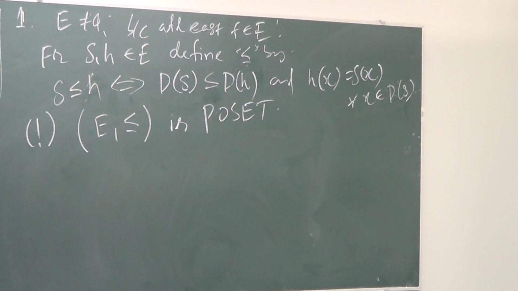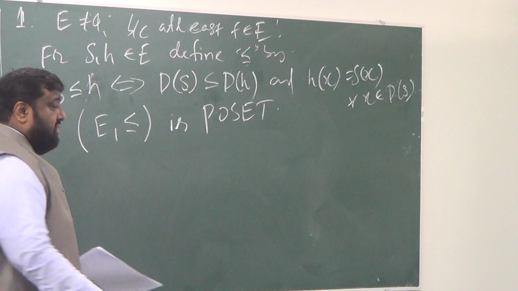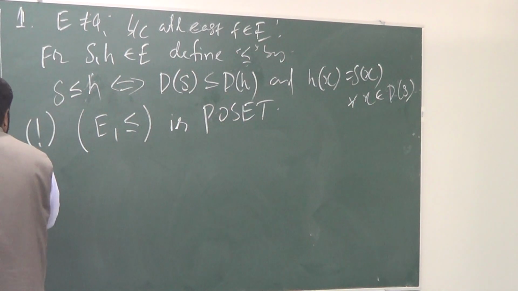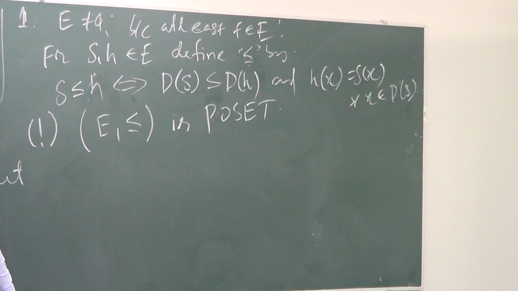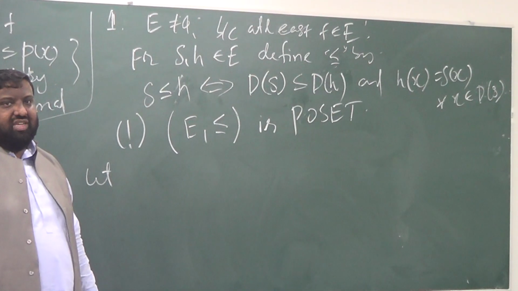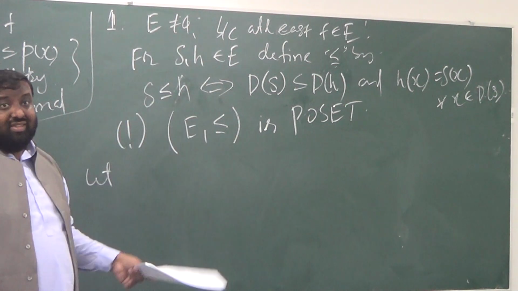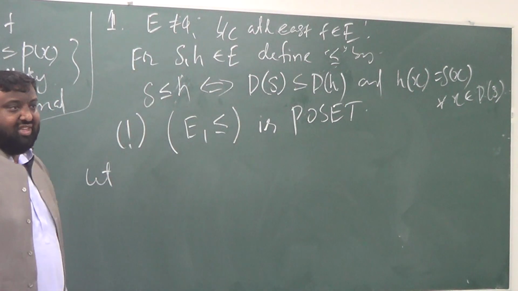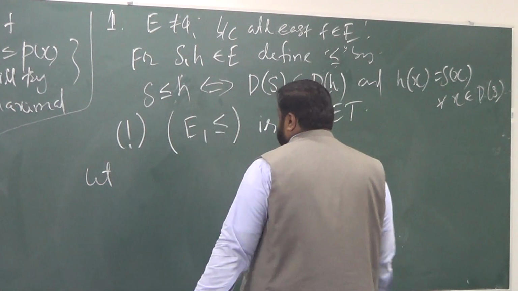Okay, so let C be a chain, and we want to prove that that chain has an upper bound. Not F tilde necessarily, because a chain is just a subset of E. It's not necessary that the whole E must be a chain. E is not necessarily a chain.